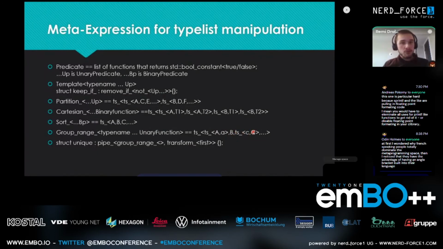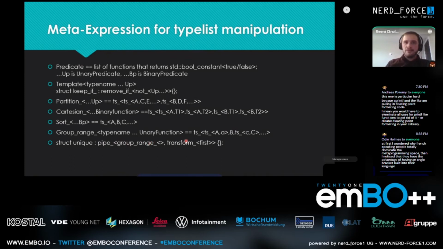Now, if I want to take a range and unique it, to just retrieve all the types but only one time, well, this is actually the implementation. I just have to group range with nothing, so it will output all the same in the same group.